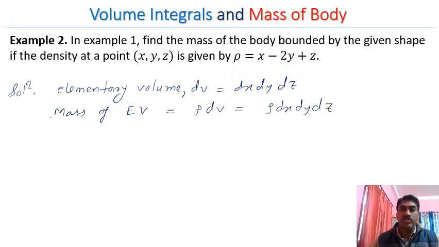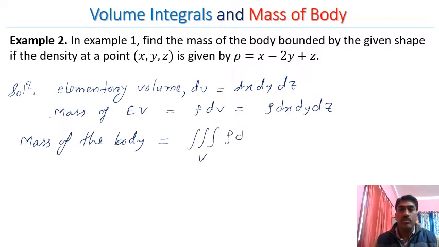So what we should do is integrate this elementary mass over the entire volume. So mass of the body is equal to the triple integral over the volume rho dx, dy and dz.